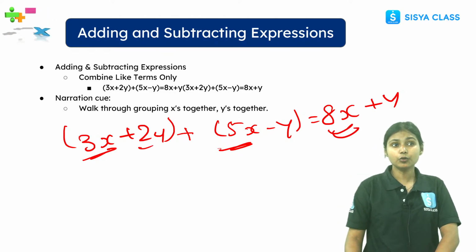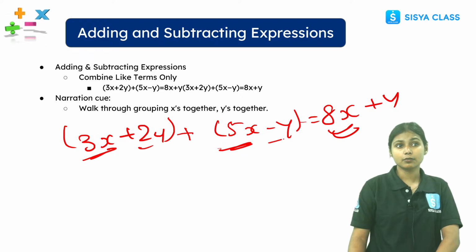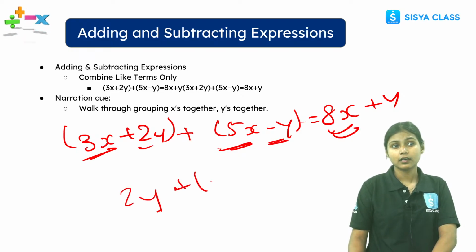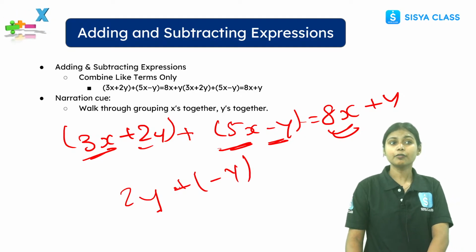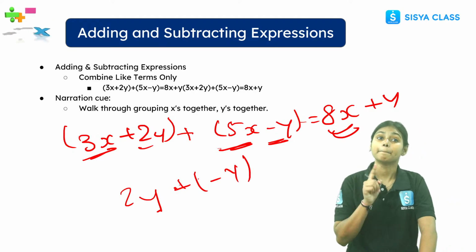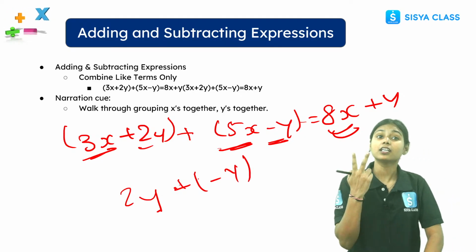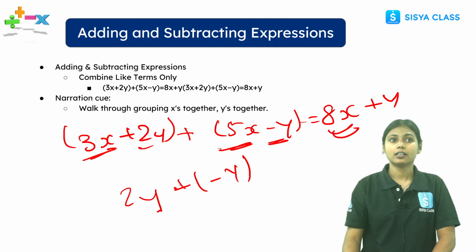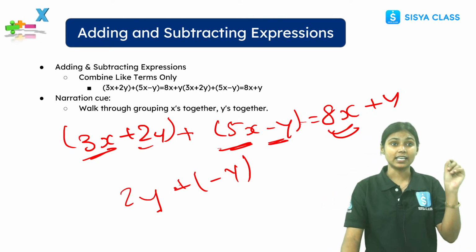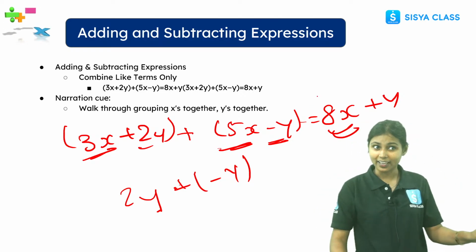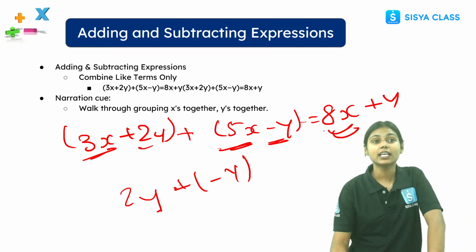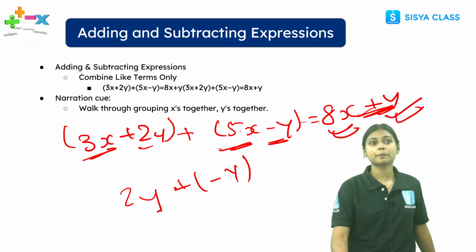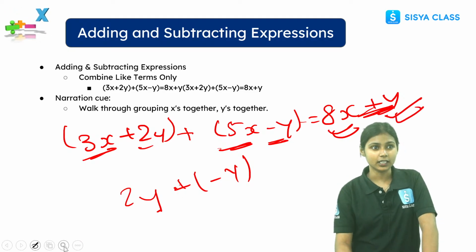And now 2y minus y, which means 2y plus minus y. We already know that plus times minus is minus. So when we subtract 2y minus y, it becomes only 1y. And the sign always remains that of the bigger number. So it will be 8x plus y. Clear? Let's solve any other question.